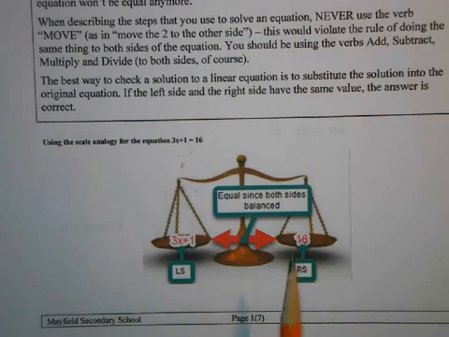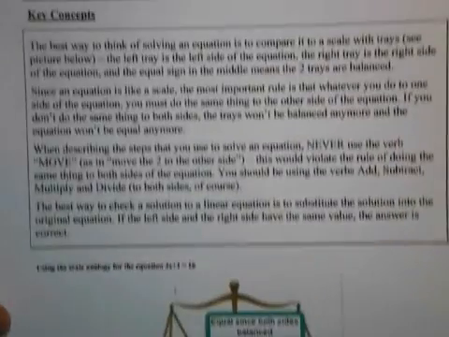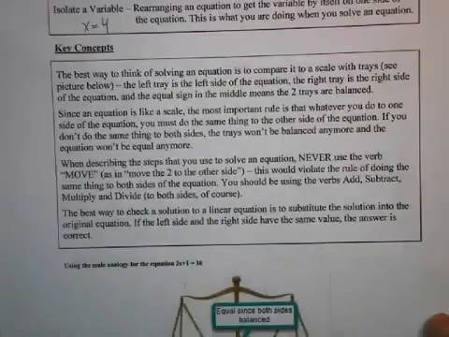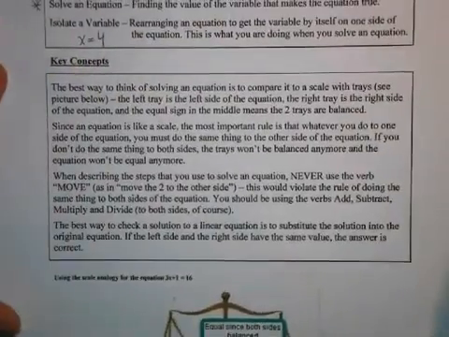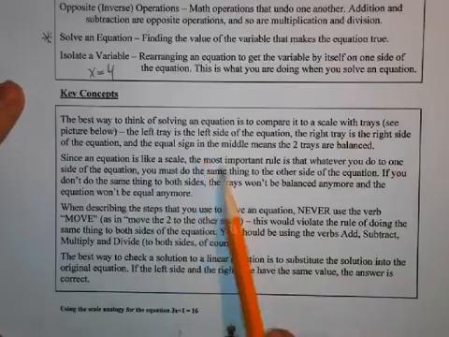So we have to keep that in mind as our golden rule for solving equations. Anytime I'm solving an equation, I have to do the same thing to both sides of the equation. We'll talk about how we solve it, but that's the main key to how we solve an equation.